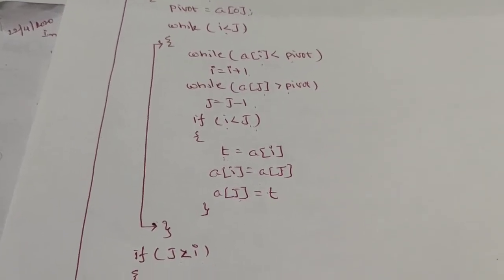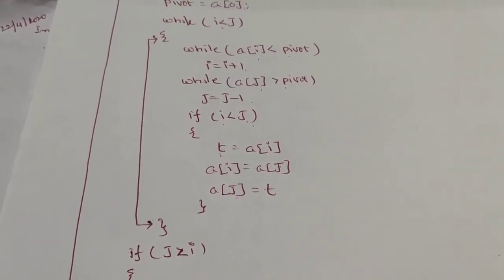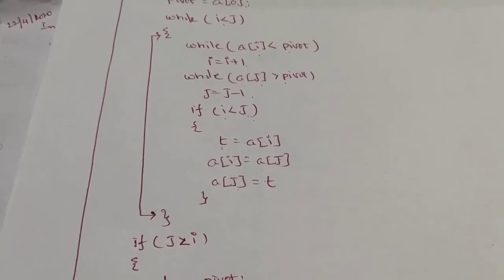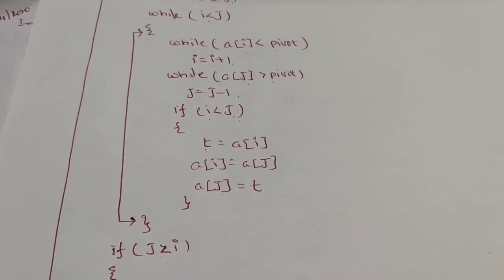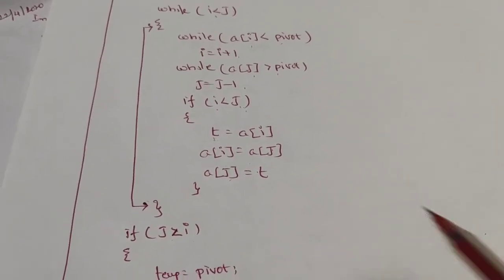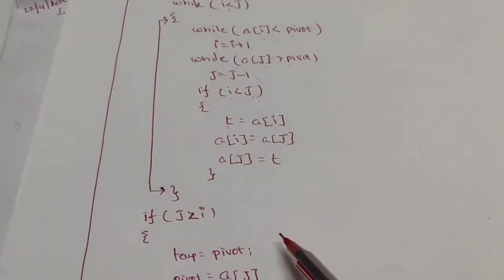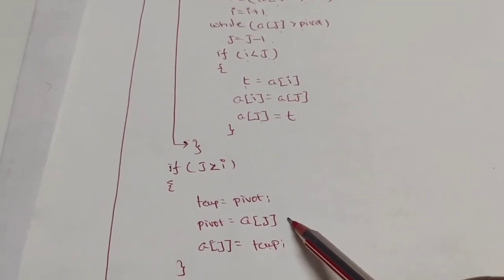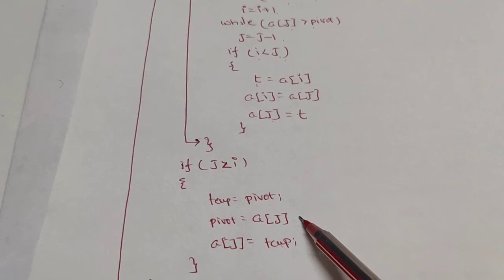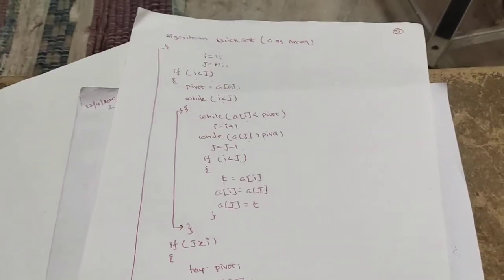Suppose the right index value is greater than the pivot, the right index is decreased. When this condition fails and the left index is less than the right index, the elements are exchanged. Suppose the right index is less than the left index, the pivot is placed between the left and right indexes.